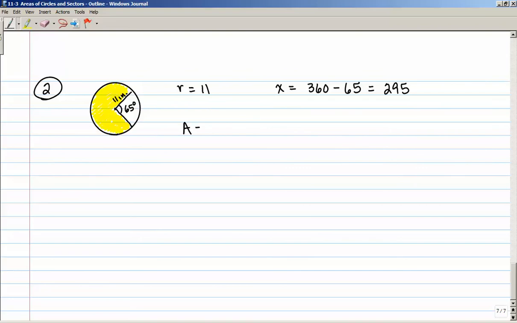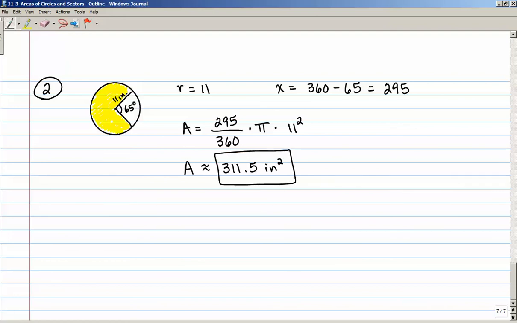So my area is 295 over 360 times pi times 11 squared. Plugging that all into my calculator, I get that the area is approximately equal to 311.5 square inches.